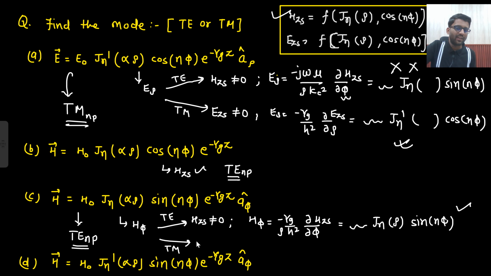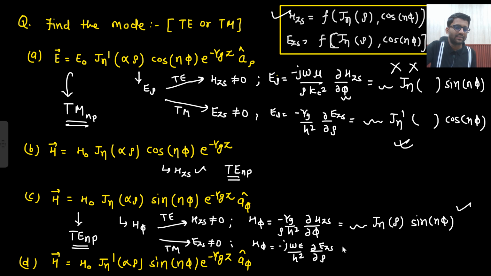Or you can check for TM mode as well. If TM mode is there, that means Ez is non-zero. If Ez is non-zero, you need to find H phi. So what will happen? Minus gamma upon h square, the first term will be of Hz, that will be gone. Then j omega epsilon upon h square del by del rho Ez.